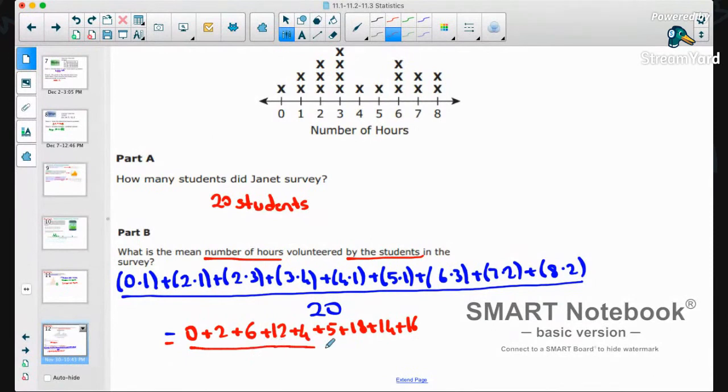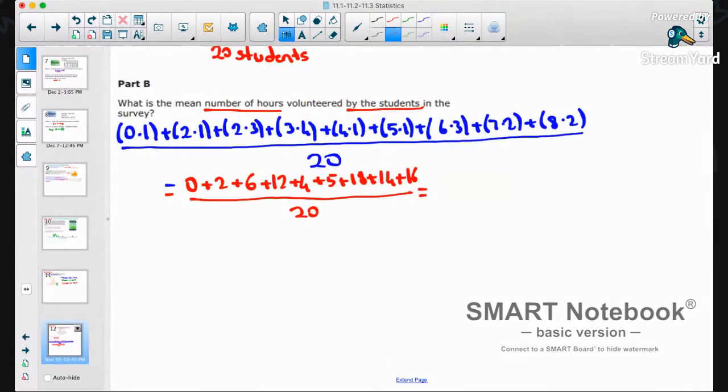over 20. To be able to find the mean, ladies and gentlemen, we need to add those numbers. Let's do it. 2 plus 6 is 8, plus 12 plus 4 is 16, plus 5 is 21, and plus 18, plus 14, and plus 16. Then you will get 77.